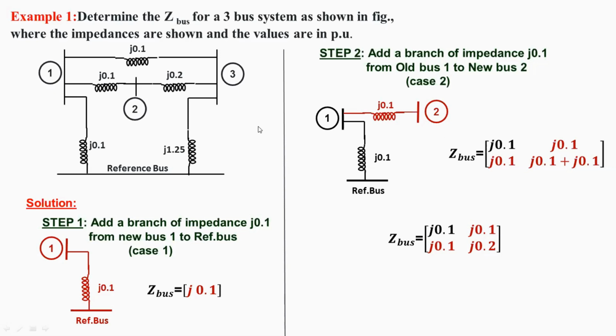Now let's go to step number 3. Here we add another branch, j0.2, between bus number 2 and 3. Bus number 2 is the old bus and bus number 3 is the new bus.